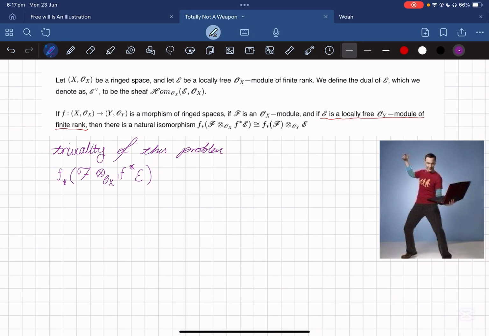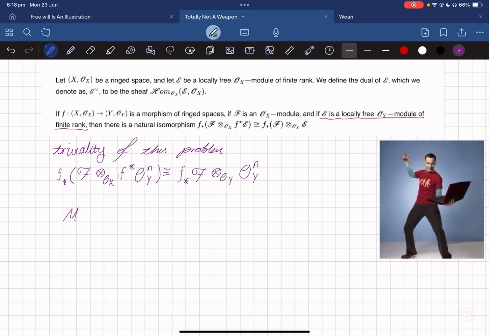So from this, whoops, it's completely neglected from my writing, there we go. From this, we get the isomorphism, so here's our push forward of F, tensored, here's our Y, and our n Y-modules.